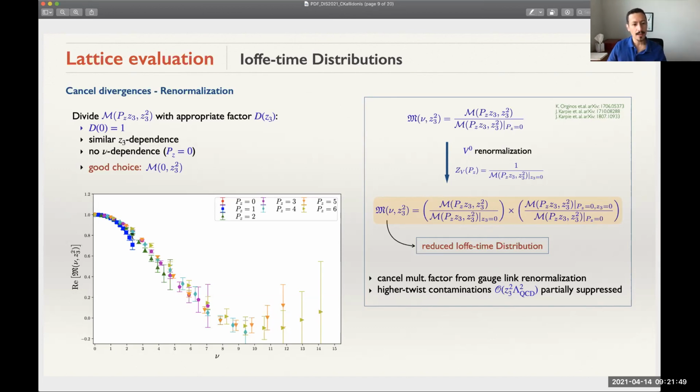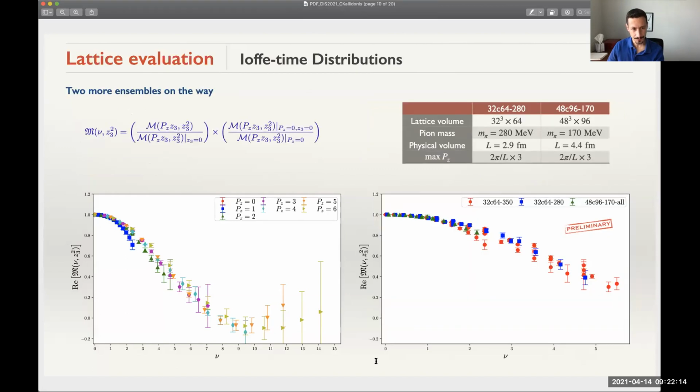We see that while in general the points fall on a universal curve, we have some discrepancies, especially at higher values of z. Of course, here the error bars are too large to say anything meaningful, but we expect that those points will eventually come to the universal curve with the perturbative evolution.